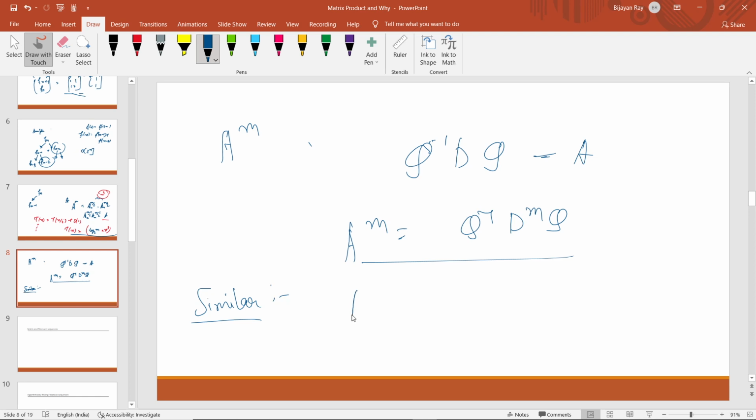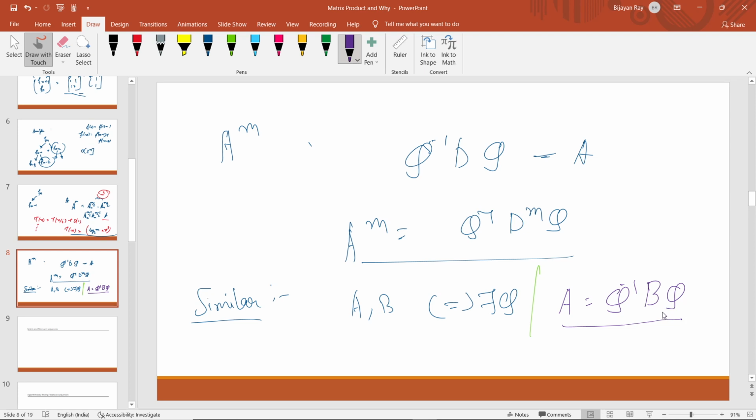Similar matrices: A and B are similar matrices if and only if there exists Q such that A equals Q inverse B Q. One can easily see that the orders of A and B are always the same, and Q should be such that the product is always defined.